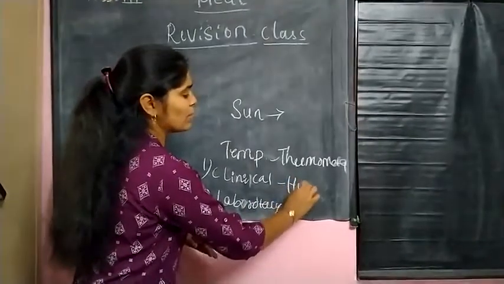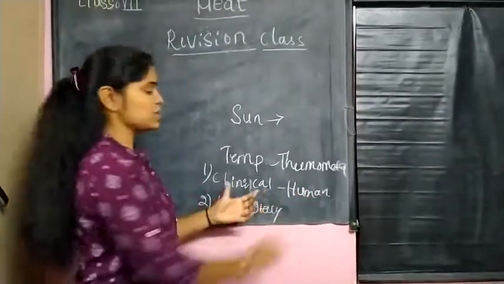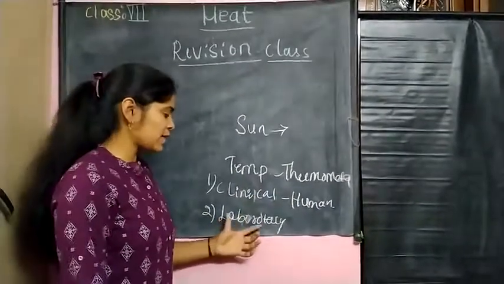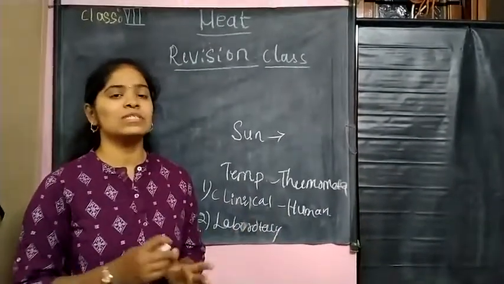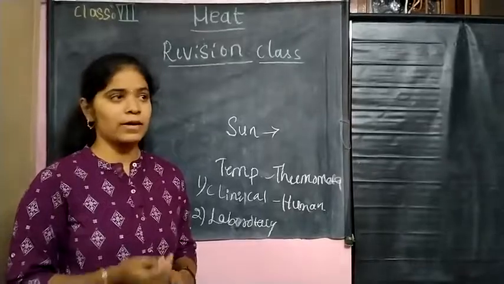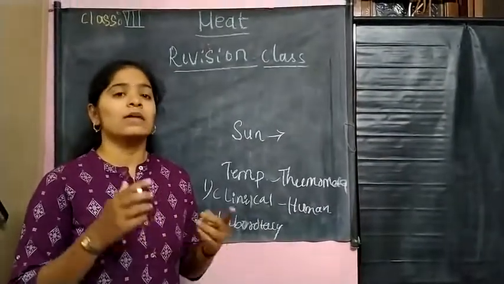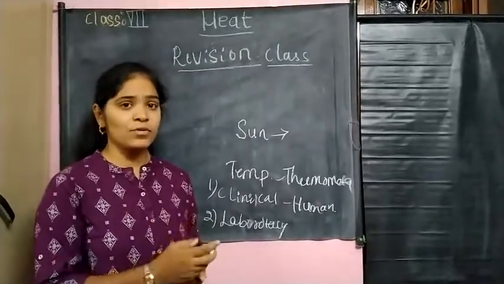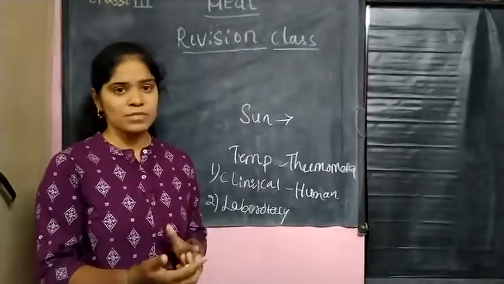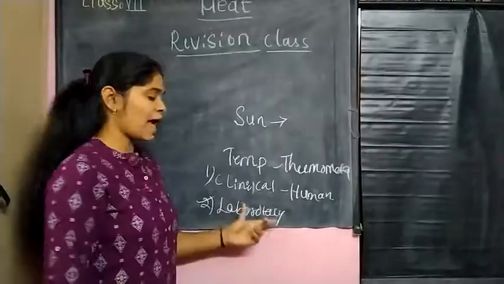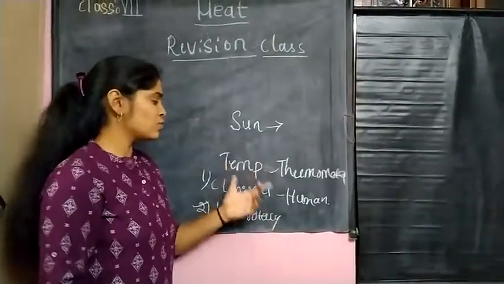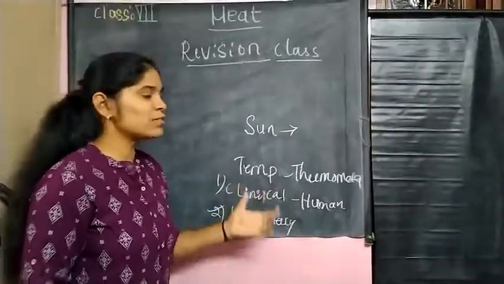The laboratory thermometer is used for all other purposes, like in industries to measure the temperature of liquids being used for other purposes. So this is used in laboratories. These are the types of thermometers.